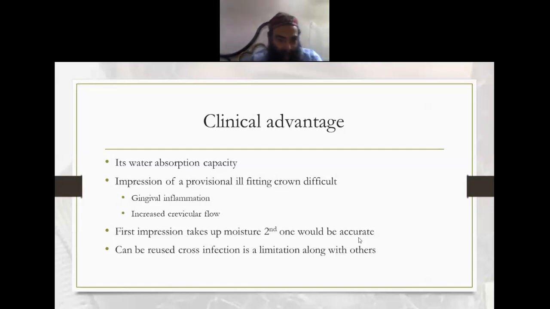It can be reused because it is thermoset. Its setting is not through any chemical reaction; its setting is temperature dependent. When we raise the temperature, it will go into sol form.